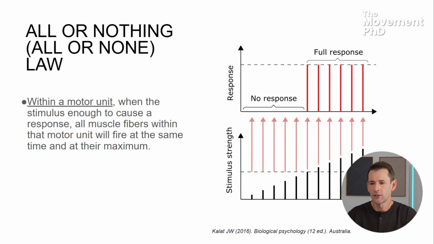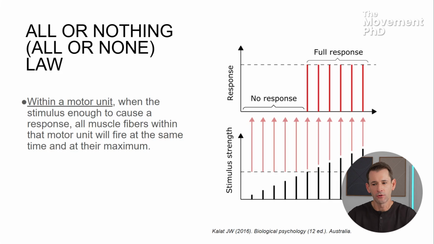Keeping with our discussion of innervation of muscle, within a motor unit, and a motor unit is just a lower motor neuron and all of the muscle fibers that it innervates, they follow the all or nothing law. So what that means is when there's a stimulus, it doesn't matter the strength of that stimulus below or above the threshold, it's either on or it's off.